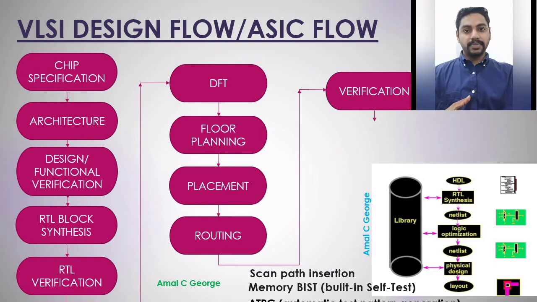LVS means the process of checking that the geometry or layout matches the schematic or netlist. The second step, DRC, is the process of checking that the geometry in the GDS file follows the rules given by the foundry. The third step, LEC, is the process of equivalence check between pre and post design layout.